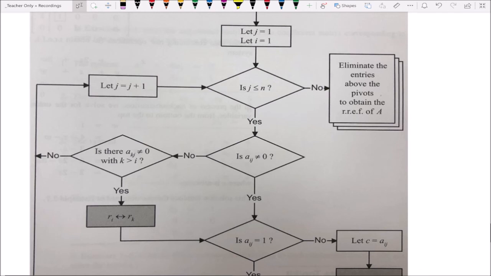If not, is there an Akj not equal to 0 with k greater than i? All right, so on and so forth, and I will let you read through the rest of this chart on your own. I will scroll slowly. If you need to, go ahead and pause the video at any point so you can read the rest of the flow chart.